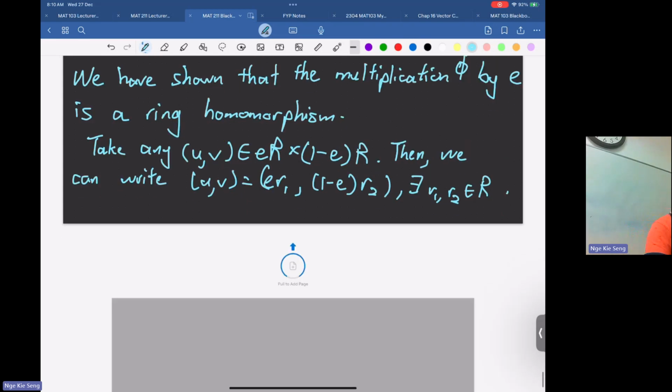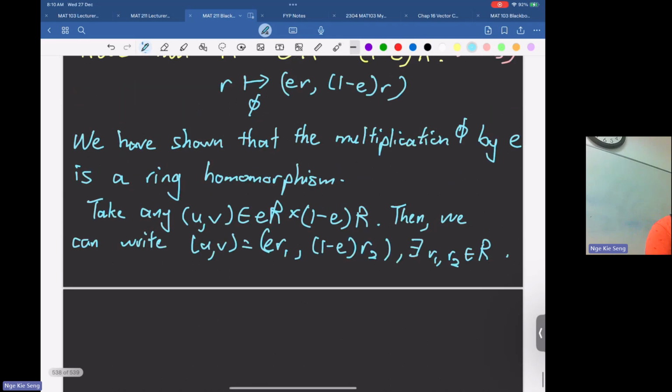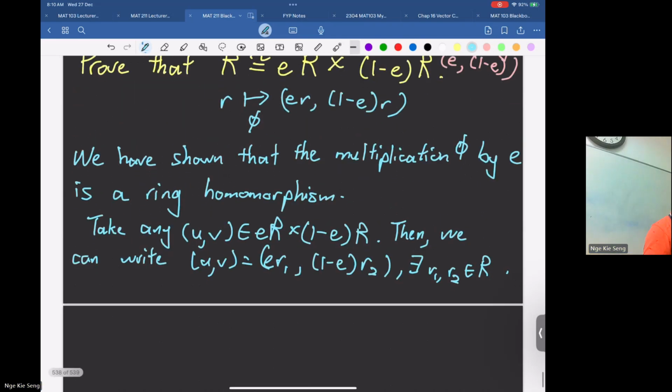And then we want to find what's the pre-image of this (u, v). So last time I suggested you try u plus v. Okay, I claim that u plus v is the pre-image of (u, v). So let's try it out.